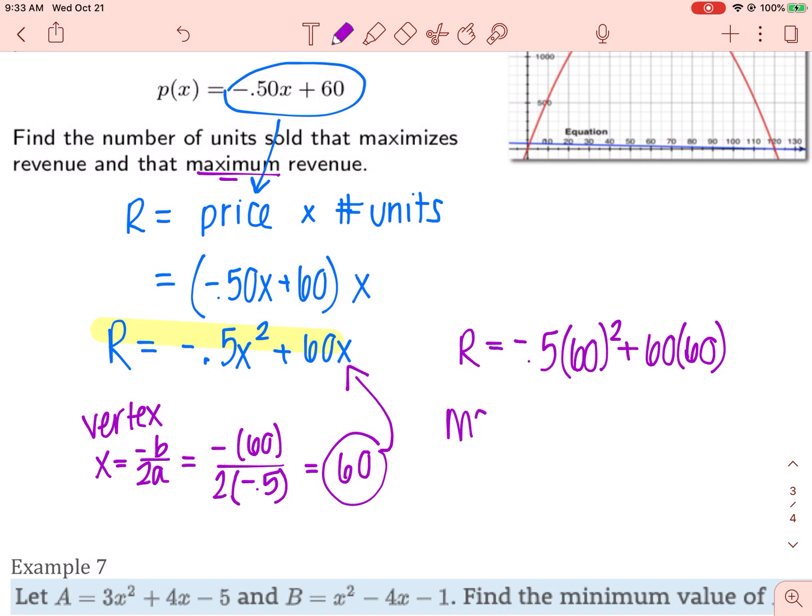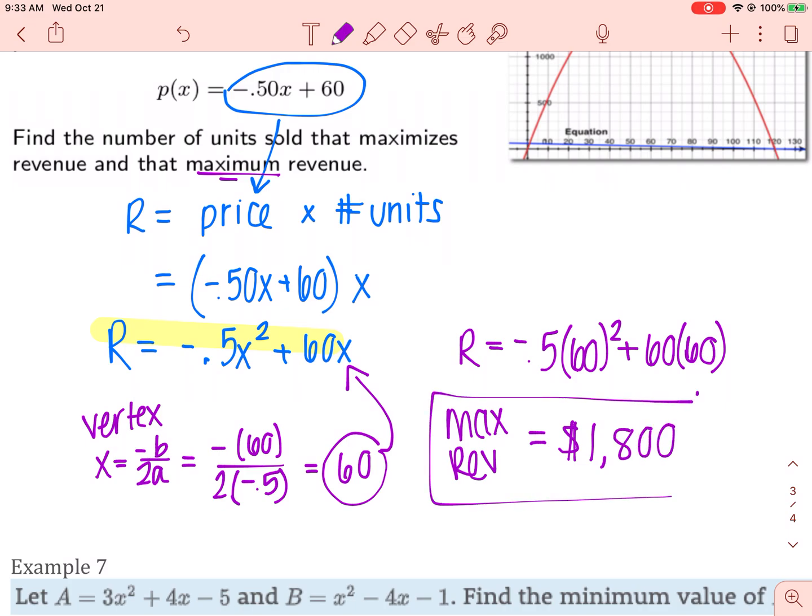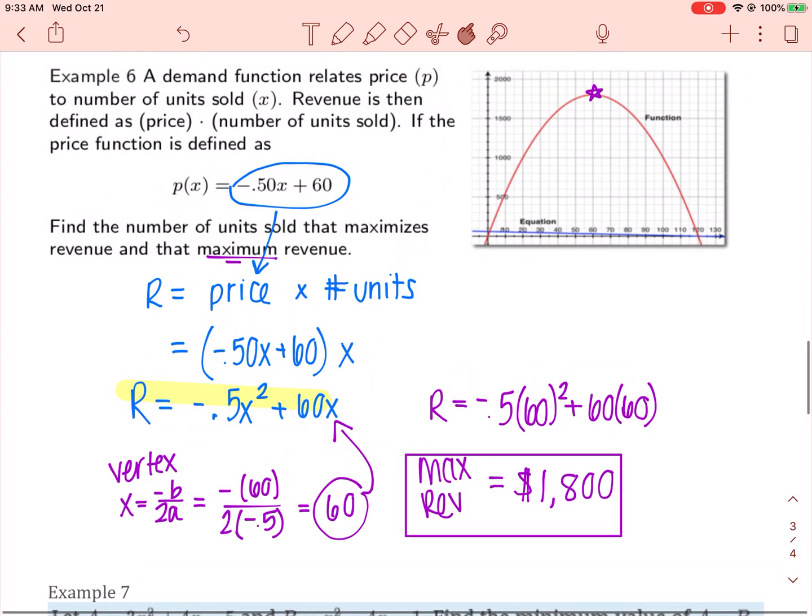So my max revenue is going to equal $1,800. And if you look at it, that's kind of similar to where the graph hits that maximum point. I would say that's like 1,800. So you know we did it right.